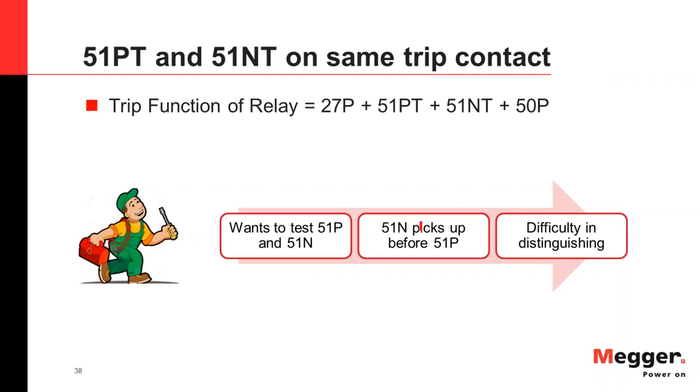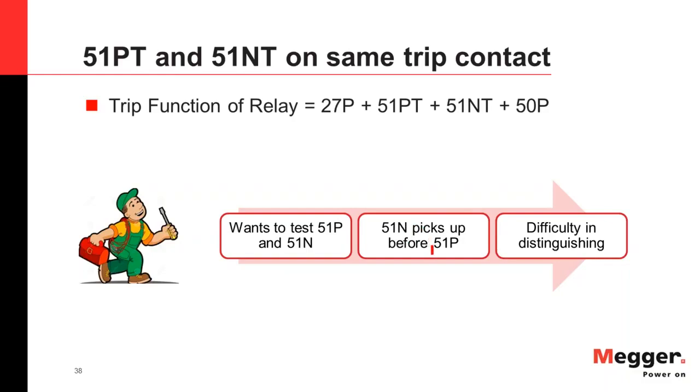There is a reason why 51N pickup is less than 51P pickup in relays, because the 51N element is nothing but your neutral overcurrent element, and the neutral current is very low in magnitude. So I always want my neutral overcurrent element to be sensitive for neutral faults or ground faults.